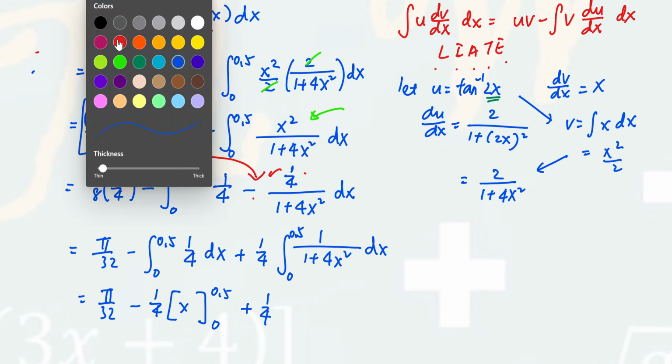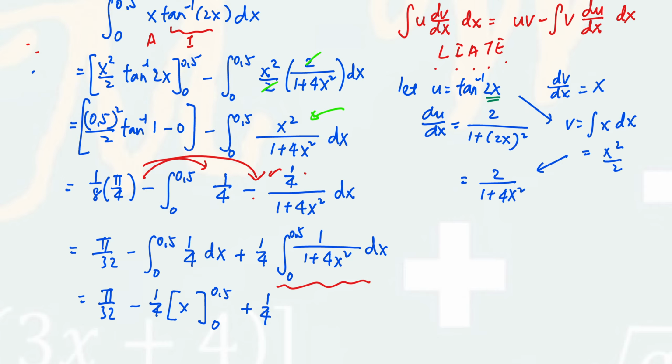Okay, but now here, when you check this, the integration of 1 over 1 plus 4x squared will be similar to this, right? See? When I differentiate arctangent 2x, I get 2 over 1 plus 4x squared. So if I integrate 2 over 1 plus 4x squared, I will be getting arctangent 2x. So what I need to do here is probably I will just write the integral of 2 over 1 plus 4x squared dx is arctangent 2x plus c.